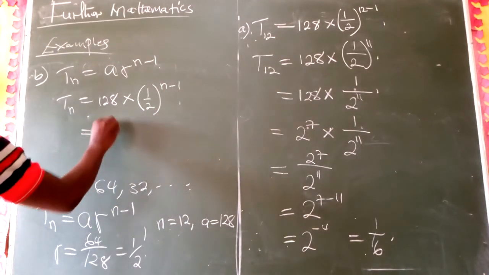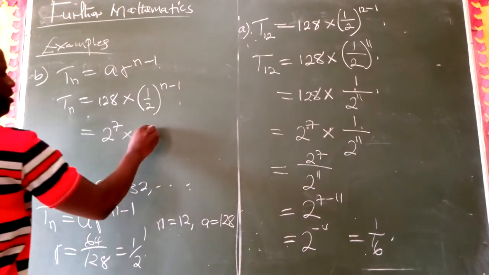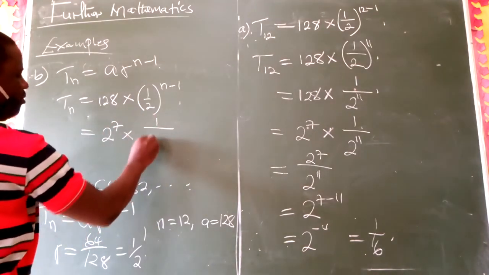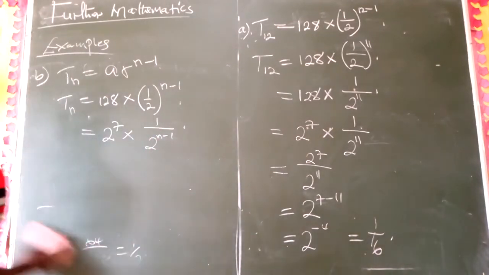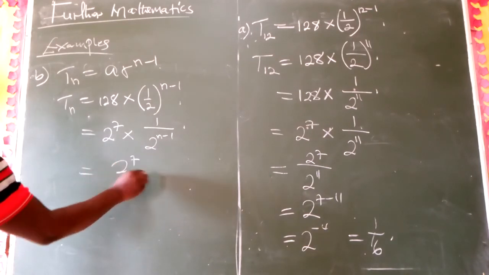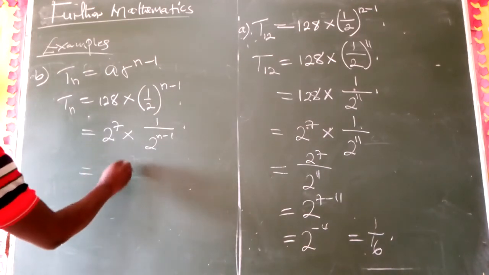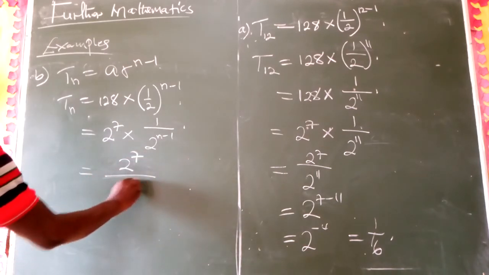This is 2 raised to power 7 times 1 over 2 raised to power n minus 1. So I can simplify this to give me 2 raised to power 7 over 2 raised to power n minus 1.